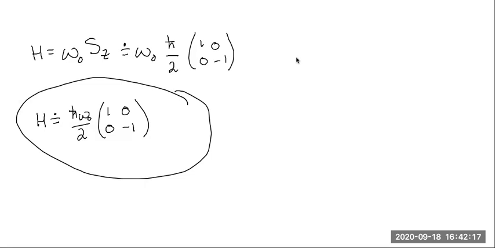So this means that when H is multiplied by spin up in the z direction, remember this is omega naught S z acting on spin up, and this gives me omega naught times plus h bar over 2 spin up.